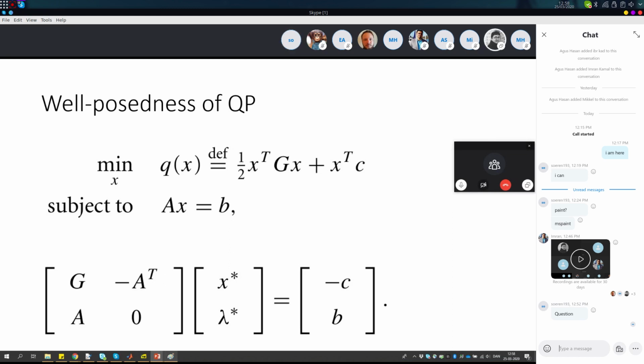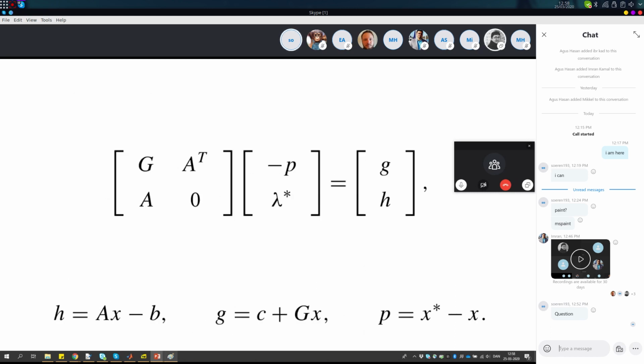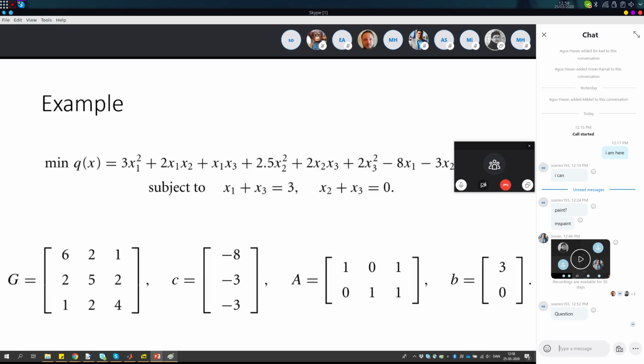So we always assume that G, for this lecture and also for the next time, is positive definite, meaning that we work with a convex optimization problem. Okay. Do you have any questions? I hope it's clear.